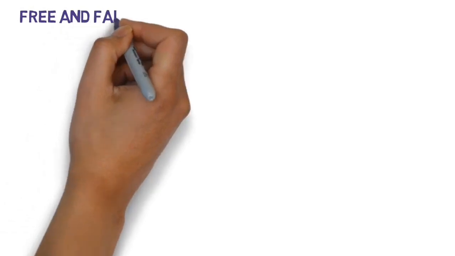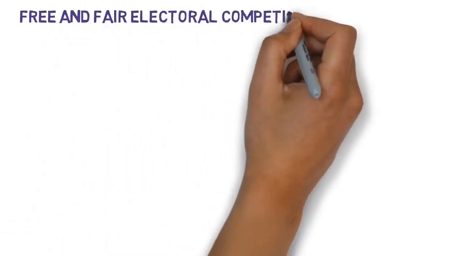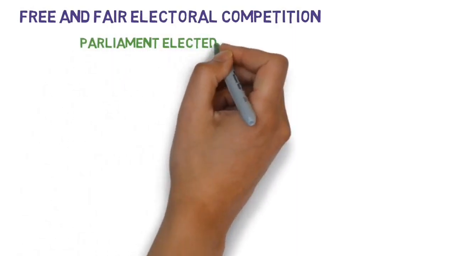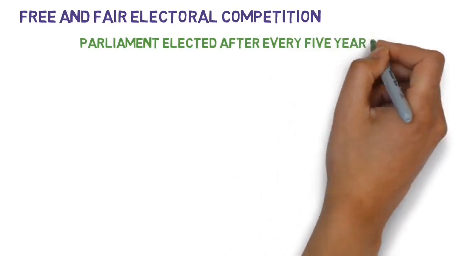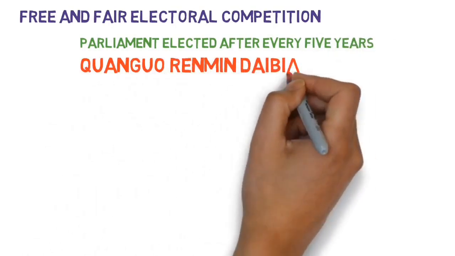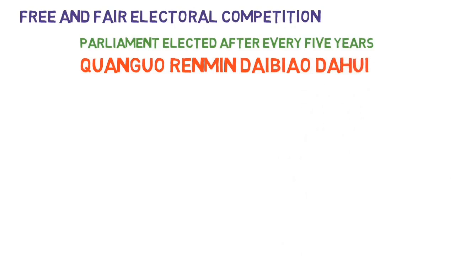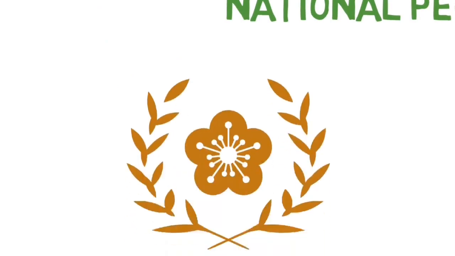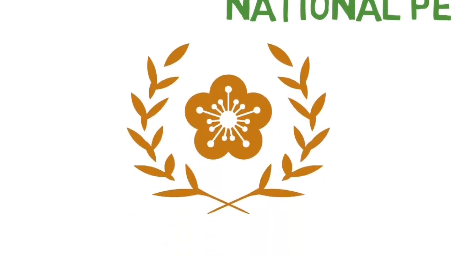Our next feature is free and fair electoral competition. It says that all the competitions should be fair. In China, Parliament is elected every 5 years. But who is electing them? The National People's Congress has the right to elect the president.